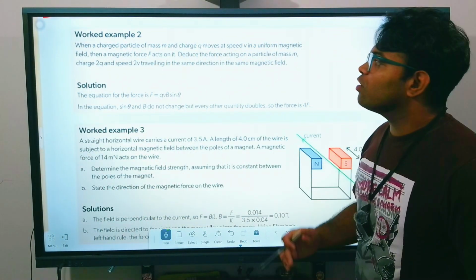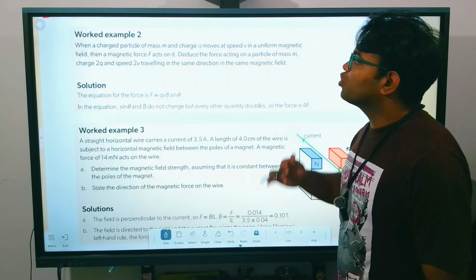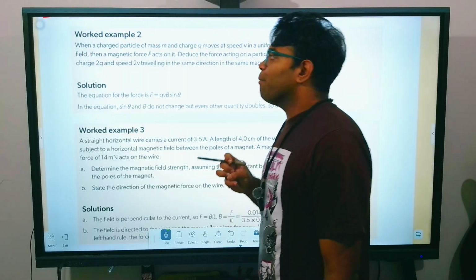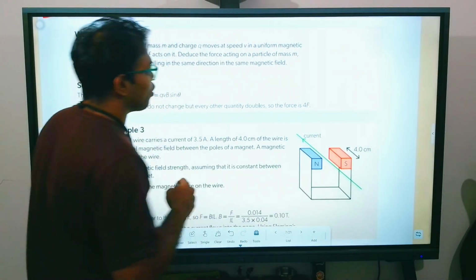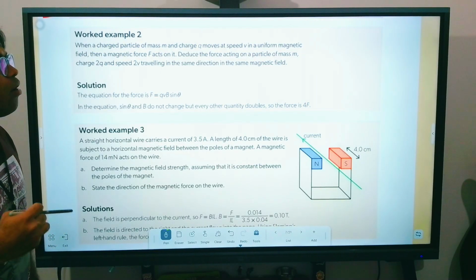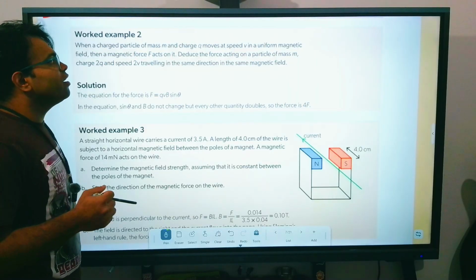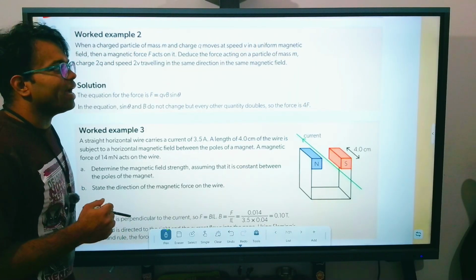When a charged particle of mass m and charge q moves at a speed v in a uniform magnetic field, then a magnetic force F acts on it. Deduce the force acting on a particle of mass m, charge 2q and a speed 2v traveling in the same direction.